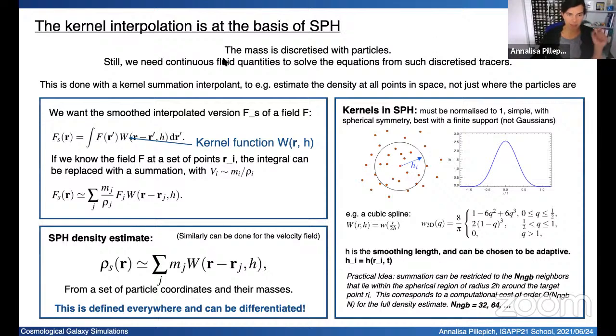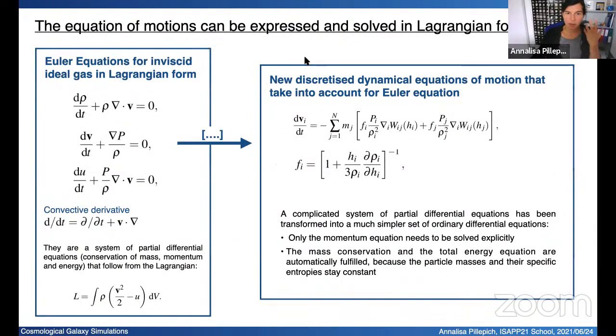So now we have discretized, but we can also express the equations in Lagrangian form. So these are again the Euler equations from before, where you can write the derivatives. It's a system of partial differential equations that follow from the Lagrangian. And you can do a lot of math, and you can write them down in a discretized form as on the right.